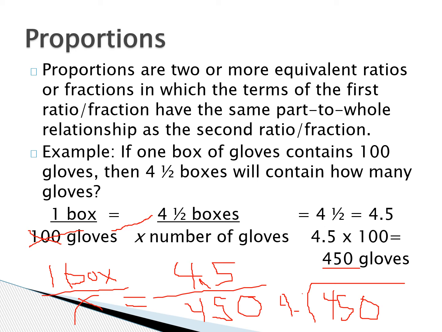And what do we know about dividing decimals? We want to get rid of this decimal. We're going to move 1 space over. So that means I have to move 1 more space over here and bring my decimal up to here.